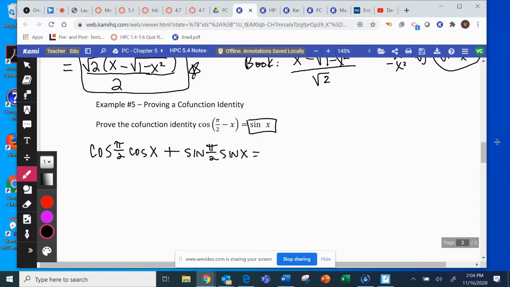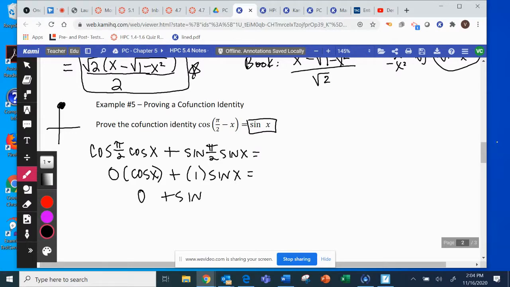So cosine at pi over 2, here's pi over 2. What's cosine? 0. Multiplied by cosine x. What's the sine at pi over 2? Multiplied by sine x. So 0 times cosine x is 0. Plus sine x is sine x. Proved. So this is an identity that we've already had in our list of identities. We just proved it by using the sum and difference formulas.